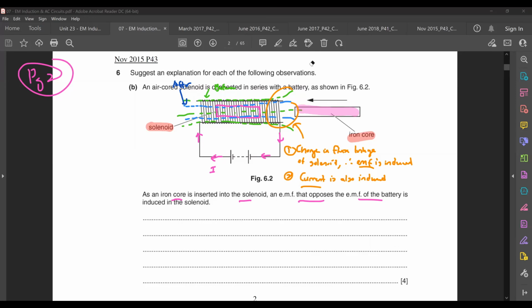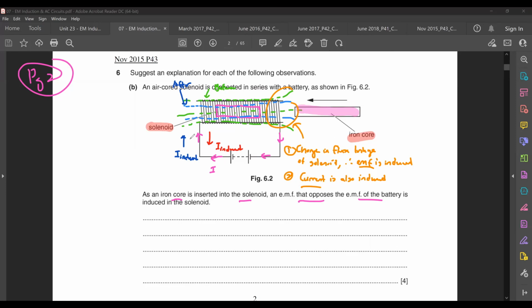But you see, when I look at the current induced, my current induced can also be in two different directions. Okay, in the first place, either it is like this one is my direction of I induced, or it could be like this one could also be my direction of induced current, right?